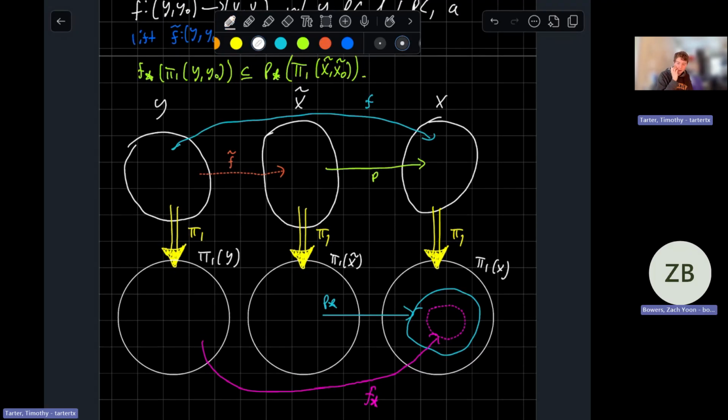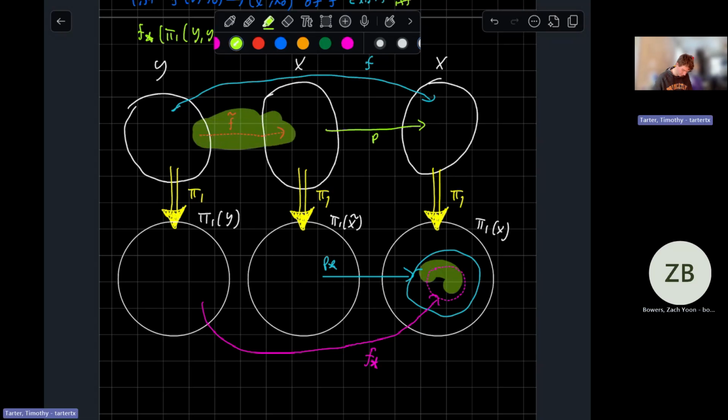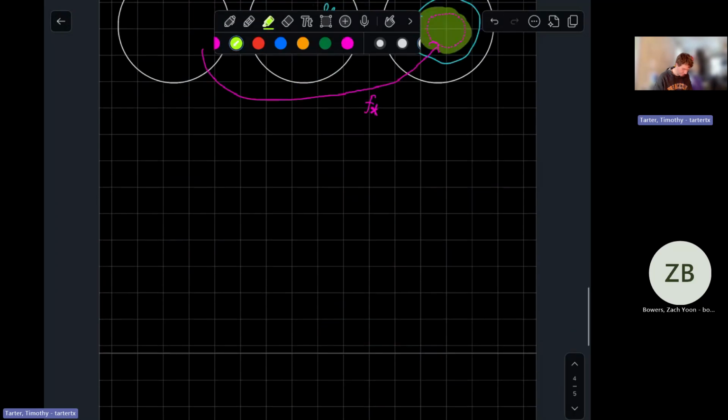Yeah, I mean, just look at the criterion and you pretty much follow it. Yep. So if we can show that this thing exists, it's the same thing as showing that this exists, and vice versa. Okay, cool.